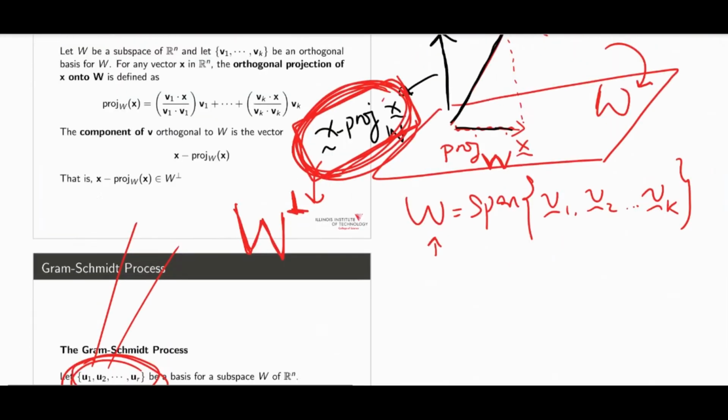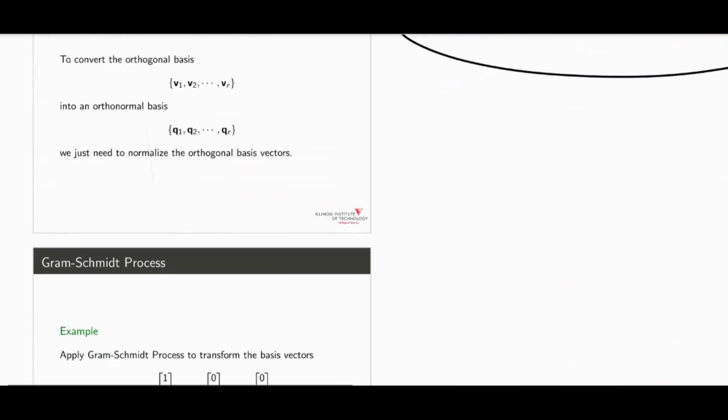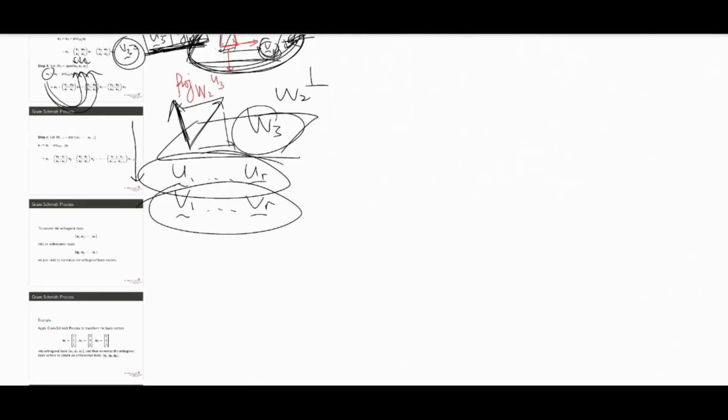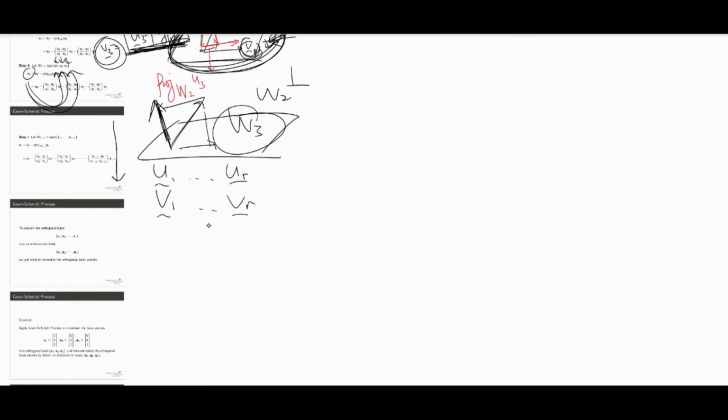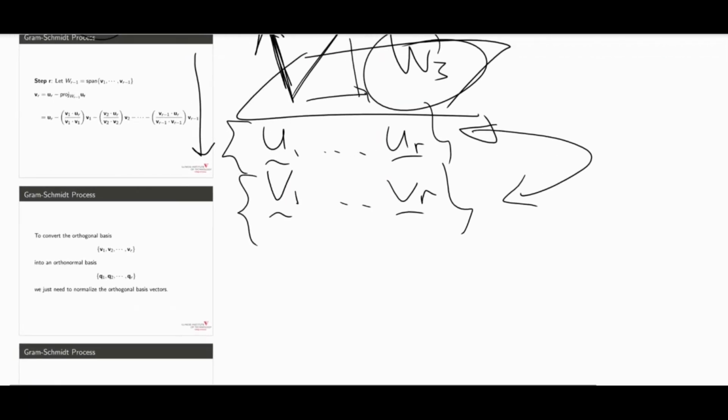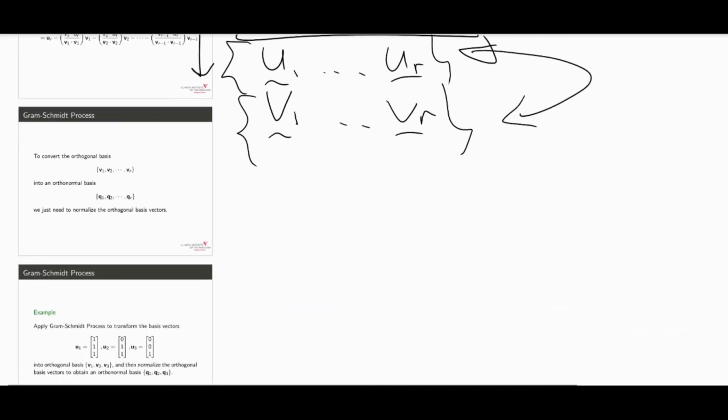You can show exactly the same way that the span of all these vectors and the span of all those vectors give you the same space, so that you never run out of the space, you're always spanning the same space.